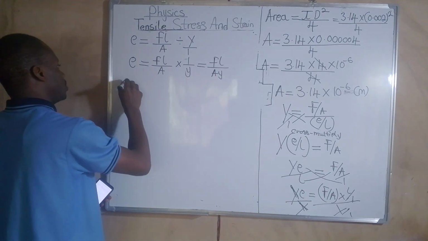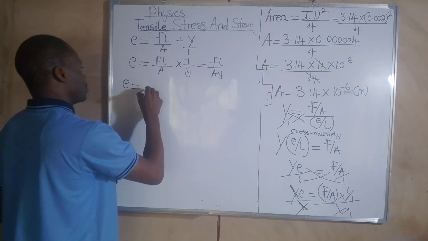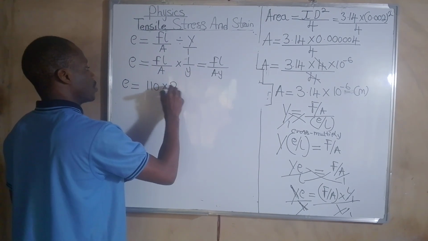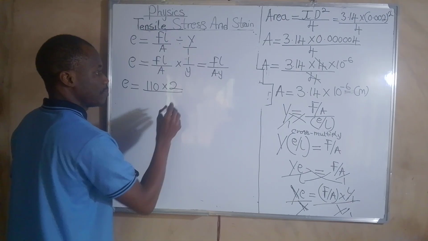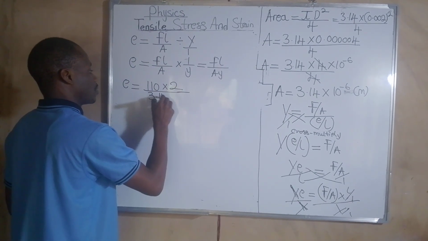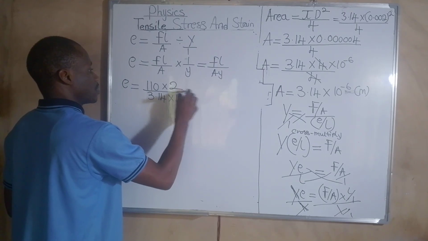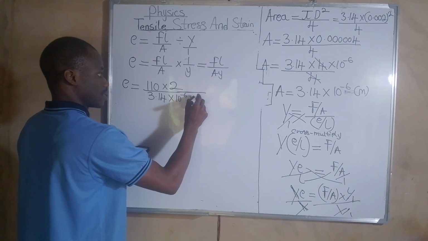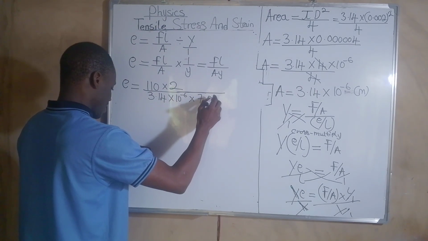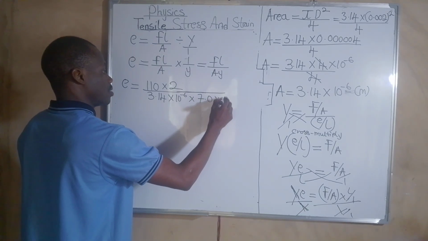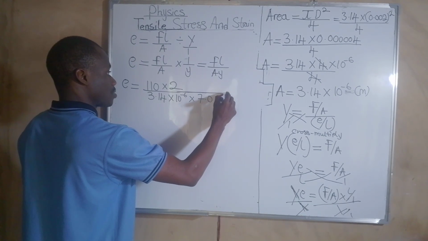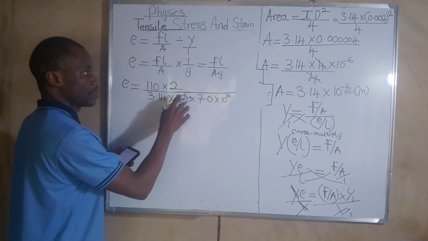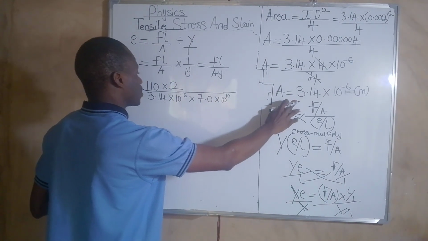So E is equal to, our F is 1110, if I'm not mistaken, times length, which should be 2, all over our A, which is 3.14 times 10 raised to the power minus 6, that is for our cross-sectional area.